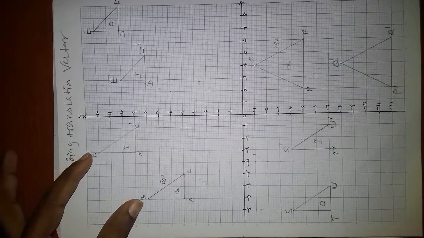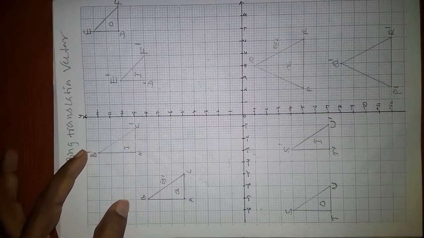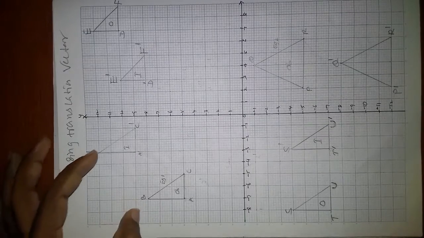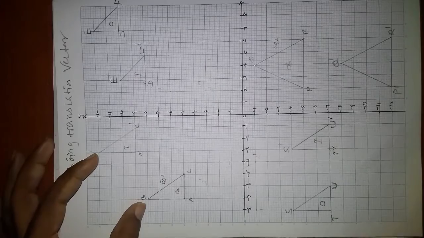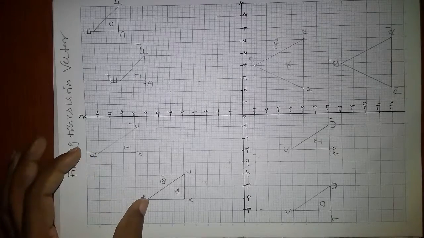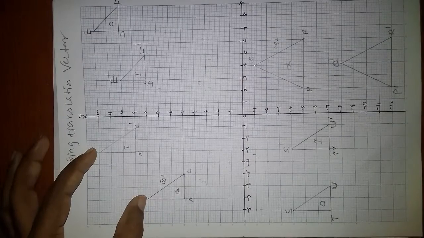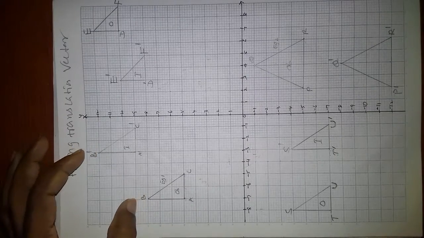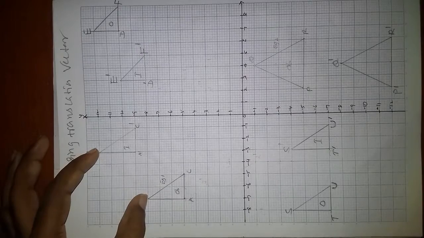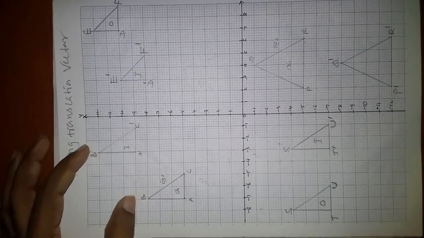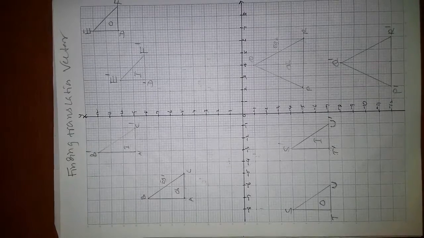If you are given the object and image of a particular translation, you can find the translation vector by choosing a pair of corresponding object and image points, B and B dash. Then you go from the object point to the image point horizontally and vertically.